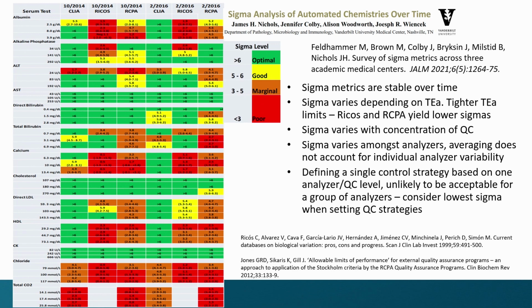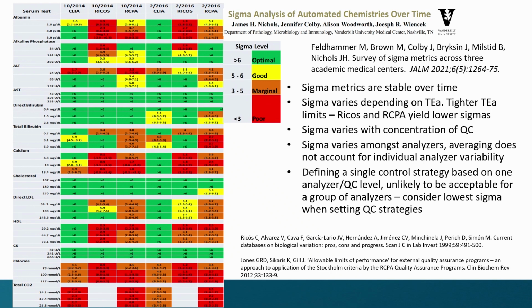So 3 different performance specifications. And we color-coded this at 3 different levels of quality control for different chemistry analytes. You can see albumin, alkaline phosphatase, ALT, and so forth.